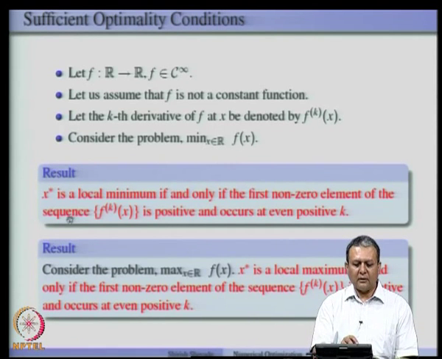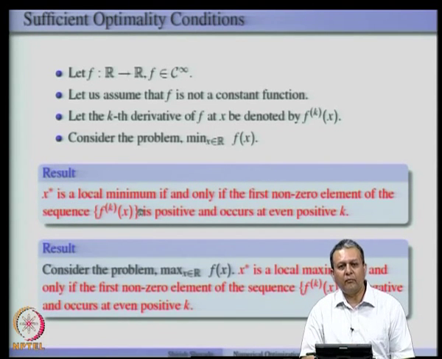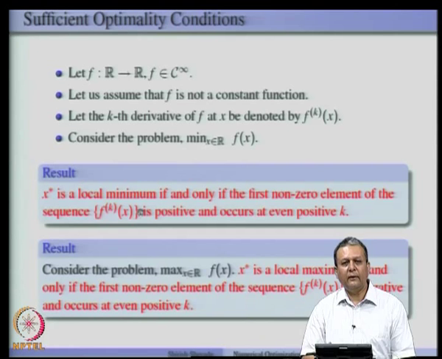Now, here is the result which says that x star is a local minimum of f if and only if the first non-zero element of the sequence f k x star is positive and occurs at even positive k.